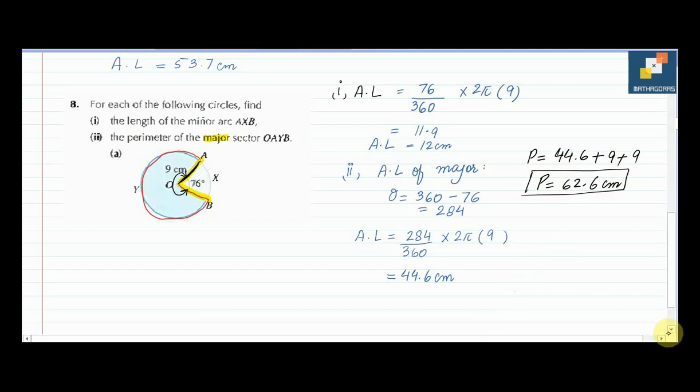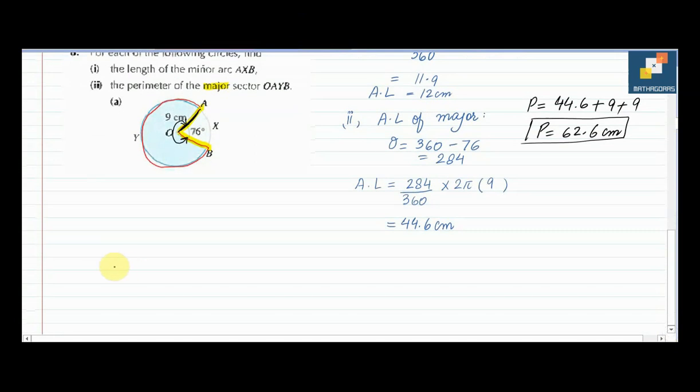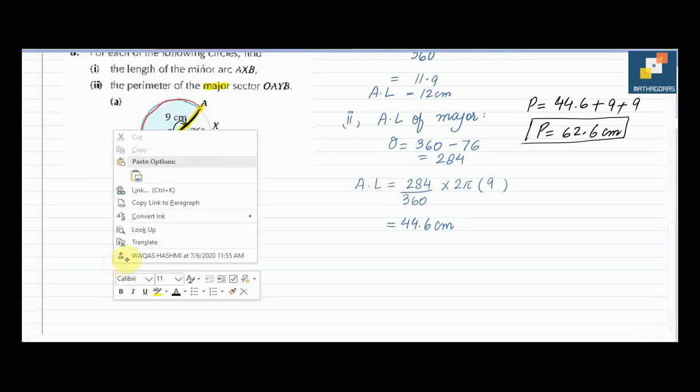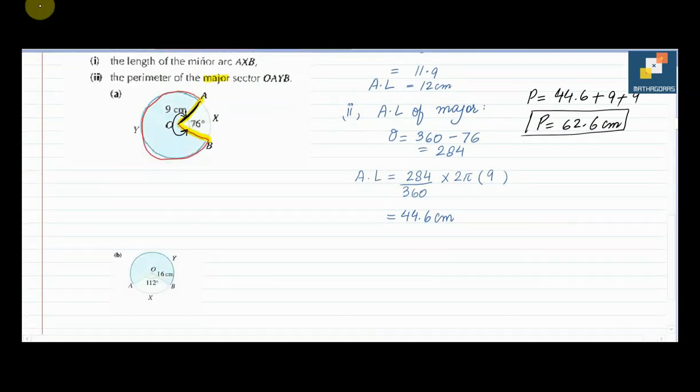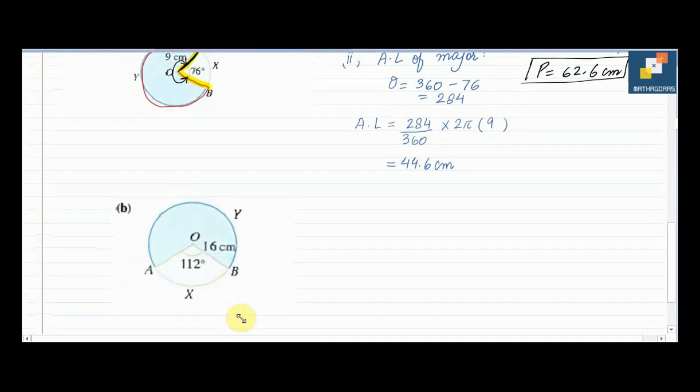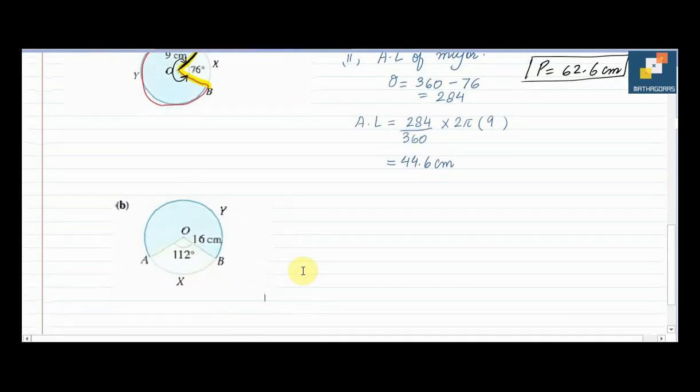So part B is this one. Same two questions, first the arc length and then the perimeter. So first, you need to find the arc length of the minor sector.